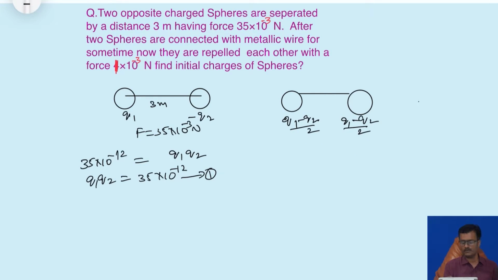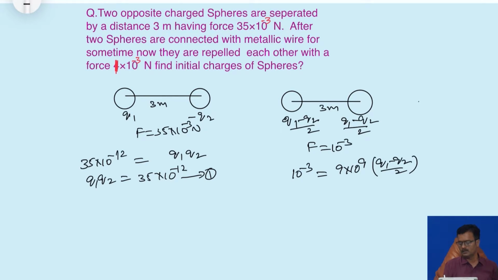So now the force between the charges is 1 into 10 power minus 3, and the distance between them is 3 meters. See here, now force is 10 power minus 3, 1 by 4 pi epsilon naught, that is 9 into 10 power 9, (q1 minus q2) by 2, the other one is also (q1 minus q2) by 2.